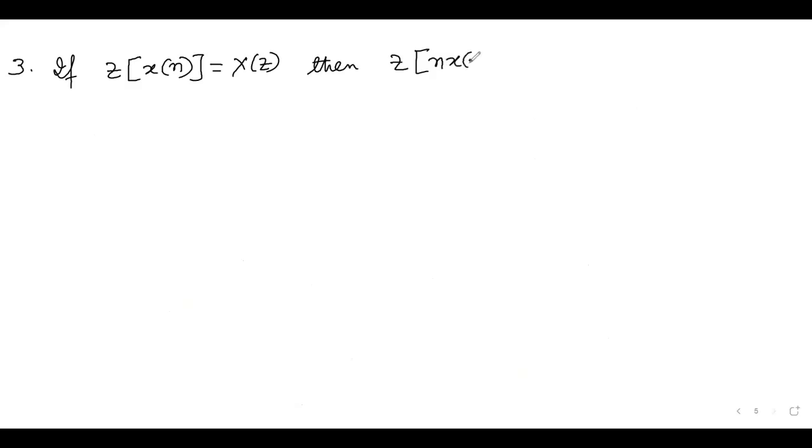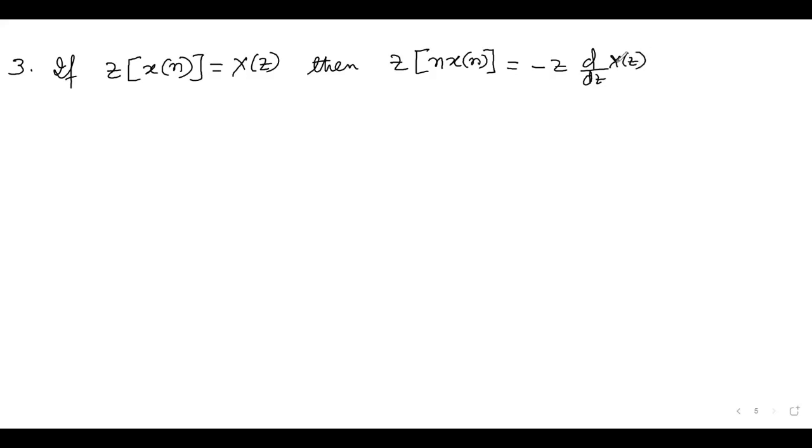Differentiation property. It states that if the z transform of x[n] is X(z), then the z transform of n x[n], multiplication by n, is equal to minus z times the derivative of X(z).